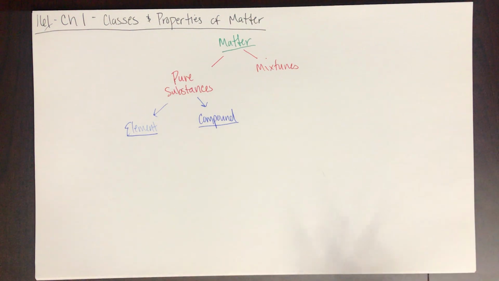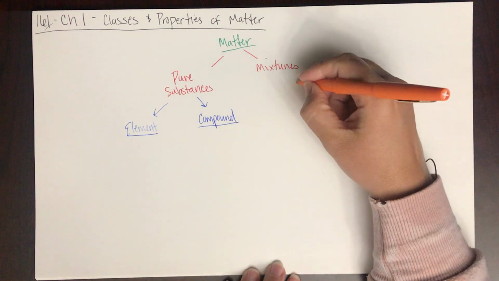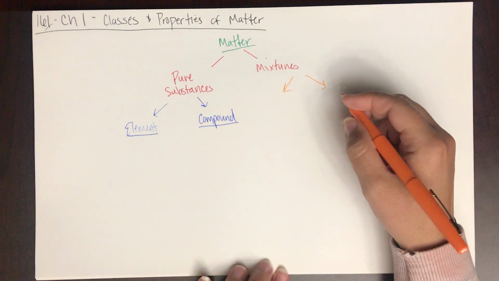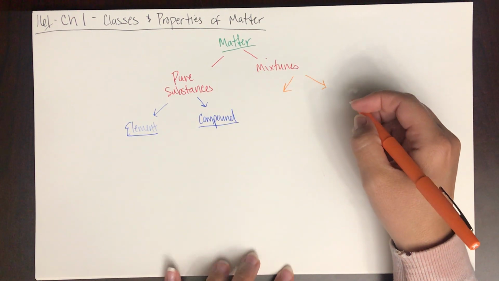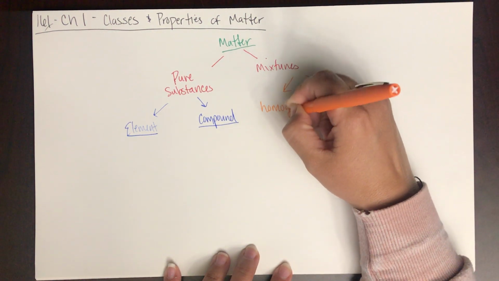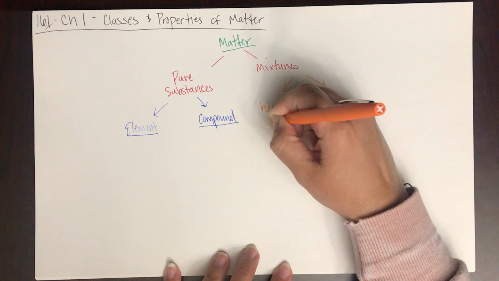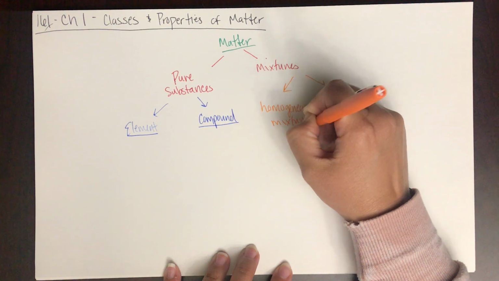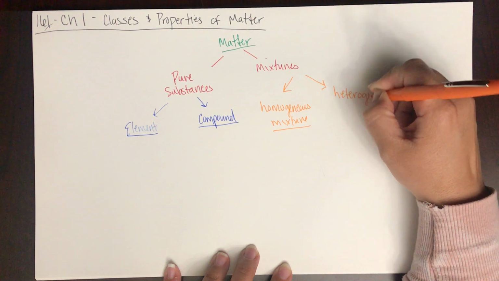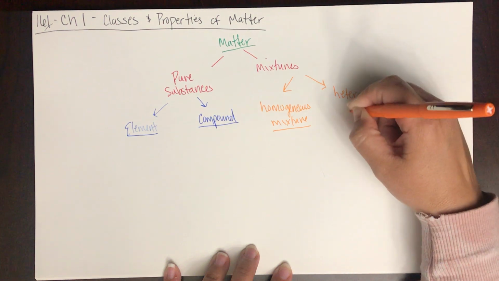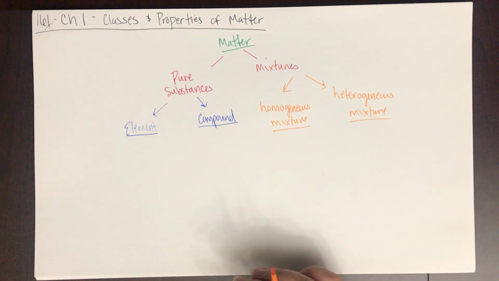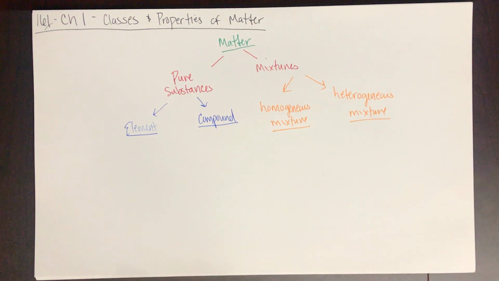The mixtures can also be broken apart into two categories: either what's called a homogeneous mixture, or what's called a heterogeneous mixture. So all matter falls into one of these four categories.